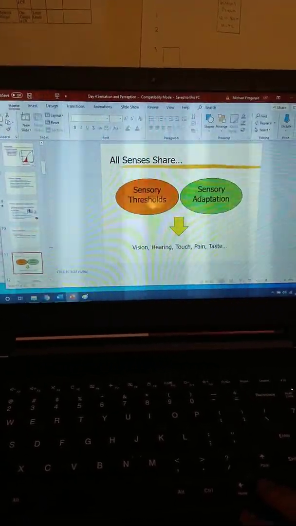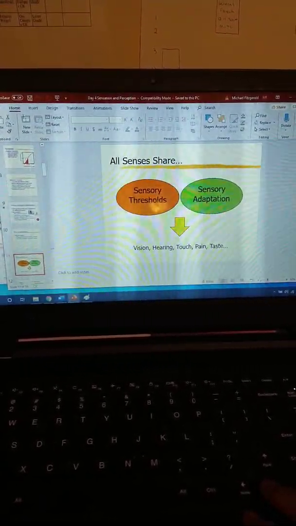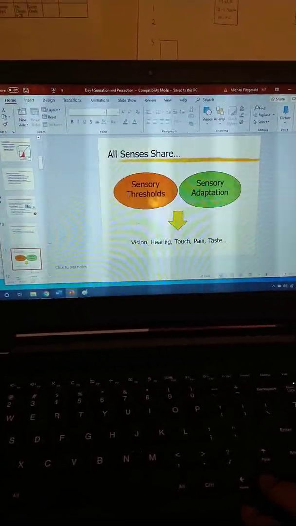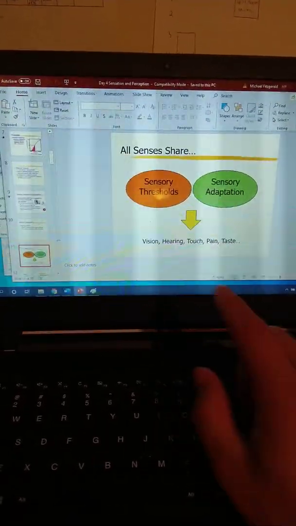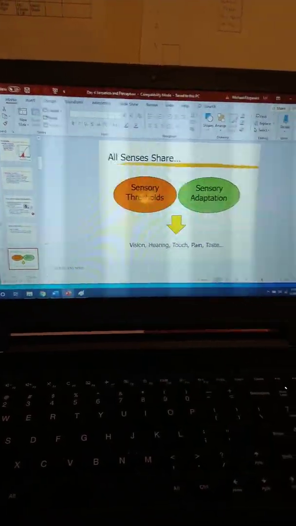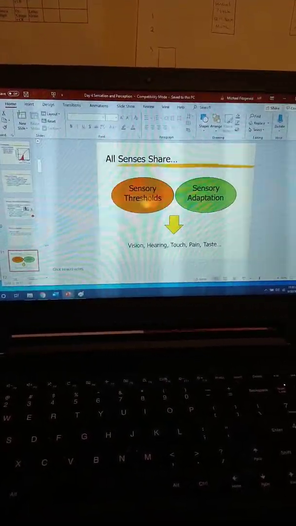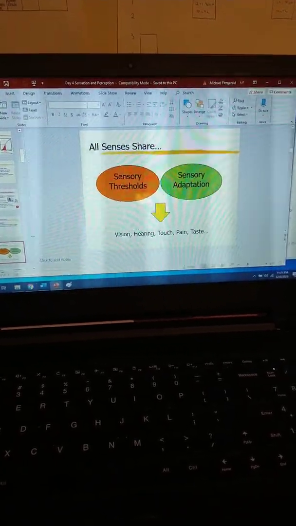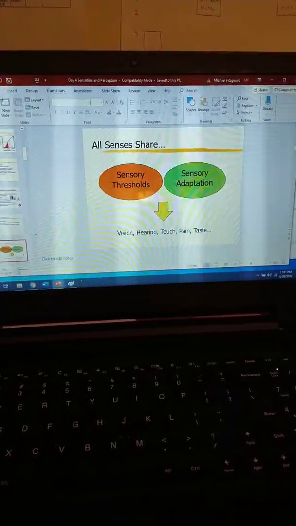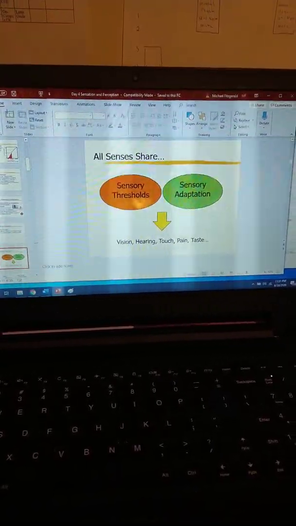So all of our senses have different sensory thresholds, and they all have adaptation capabilities. This down here is just something to mention, for example, vision, hearing, touch, pain, and taste.